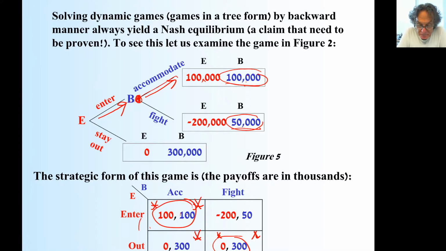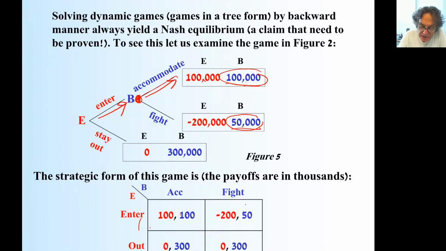However, this one is obtained by backward induction, by folding the tree backwardly. This is another Nash equilibrium, but nonsensible. Why is it nonsensible? Because accommodating for B weakly dominates fighting. Look here.